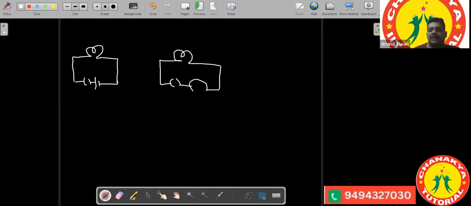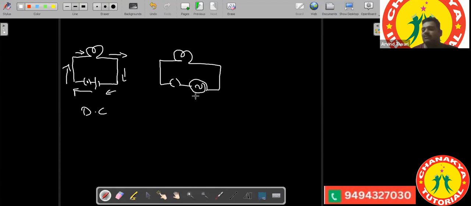We represent an AC source like this. In the DC source, what will happen? The current will always flow from positive to negative, like this. This will happen in a DC circuit.